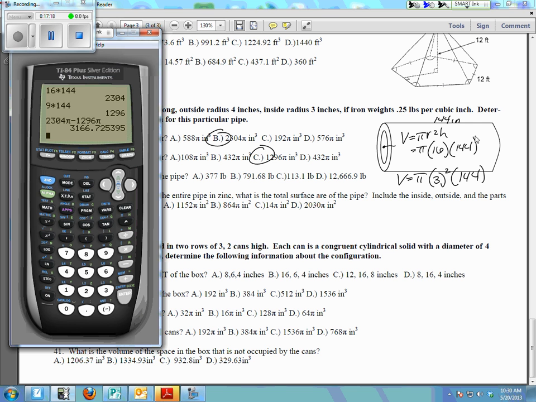Taking the outer cylinder, subtracting the inner cylinder, and now you're just left with a pipe, or a tube. And that's going to be cubic inches. Now here it says that iron weighs 0.25 pounds per cubic inch. So I'm going to multiply by 0.25 pounds per cubic inch, and I get 791.68 pounds. So it's option B.